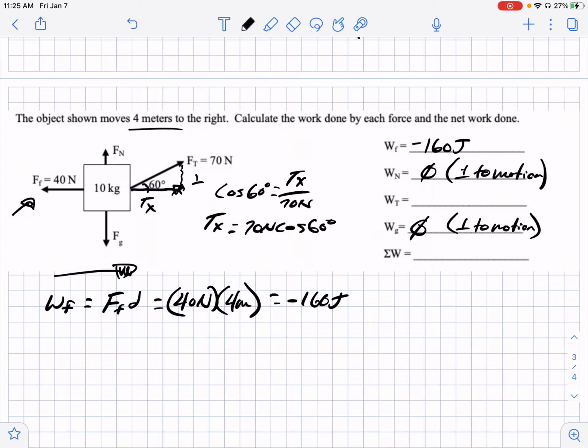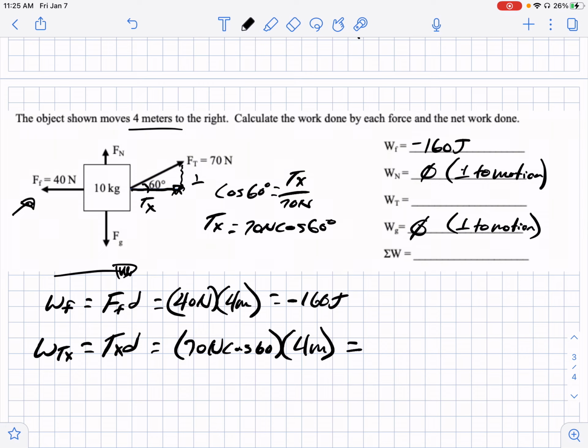And to find the work from this x component, we just got to multiply it by the distance. So it's going to be that Tx times the distance, 70 newtons times cosine 60, times your distance of 4 meters.